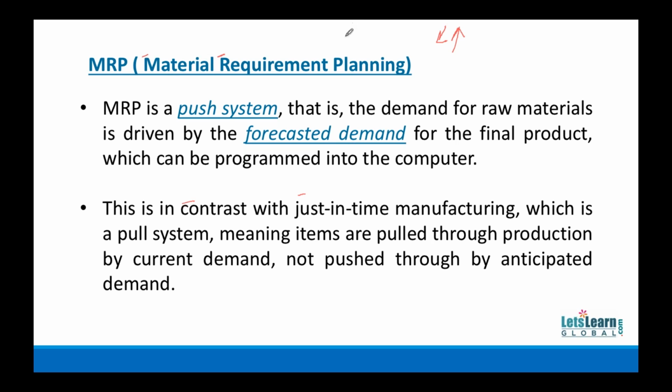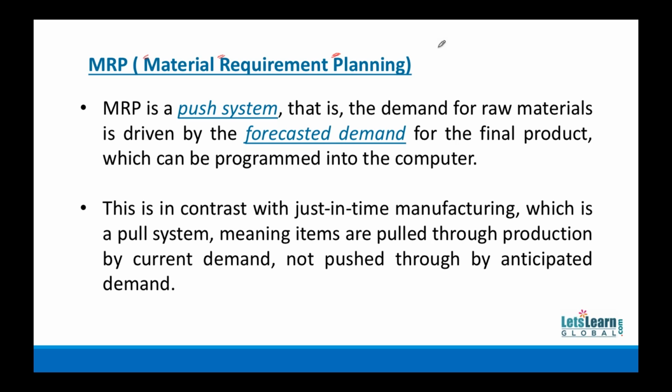In just in time, we don't buy any material; we pull the material into work in progress straight away, and it becomes production. But here you buy the material, so you need proper planning for the requirement of material. The concept is MRP. MRP is a push system.